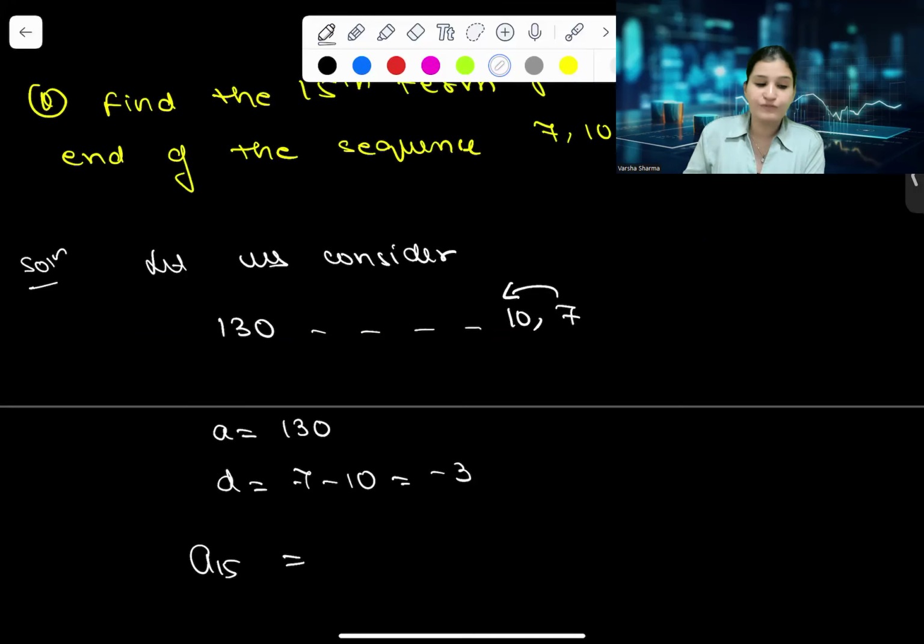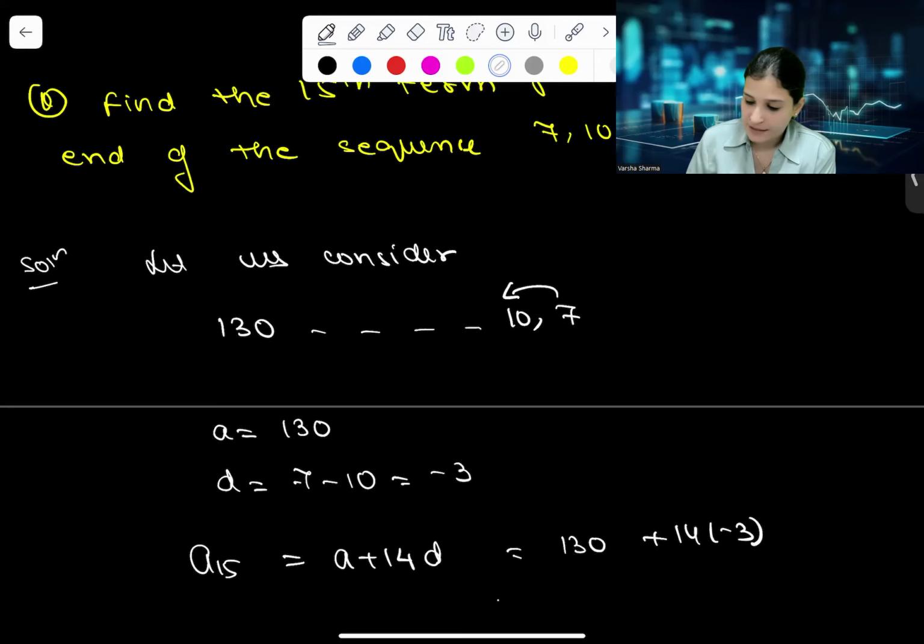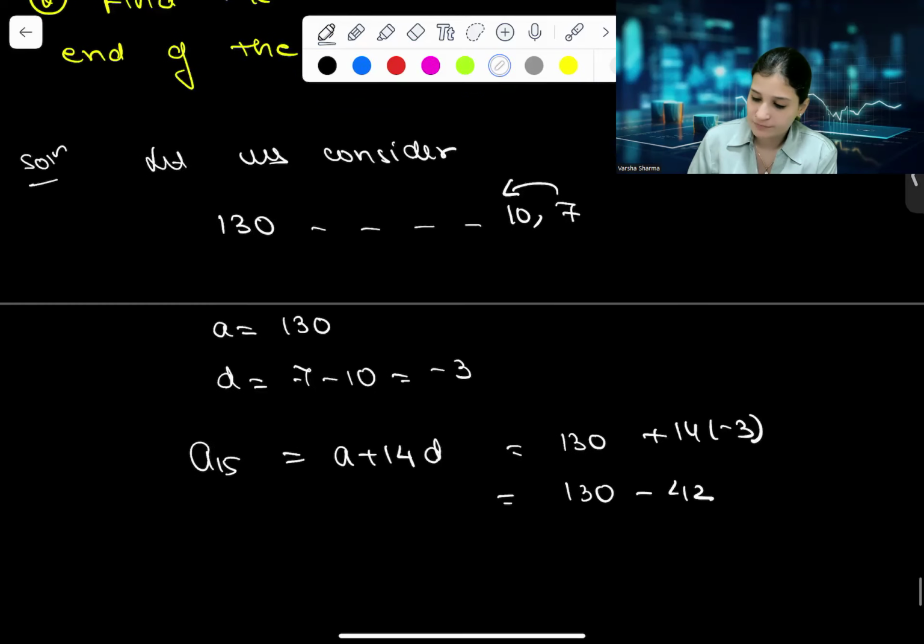What is the formula for the 15th term? A plus 14D. Put the values. A is 130, 14, D is minus 3. So 130 minus 42. Answer? 88.